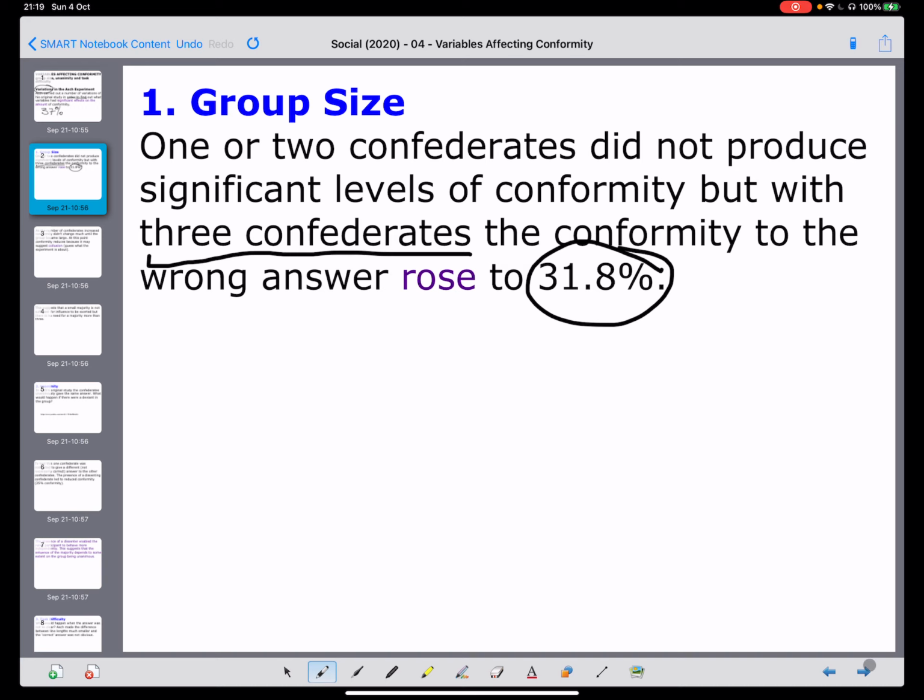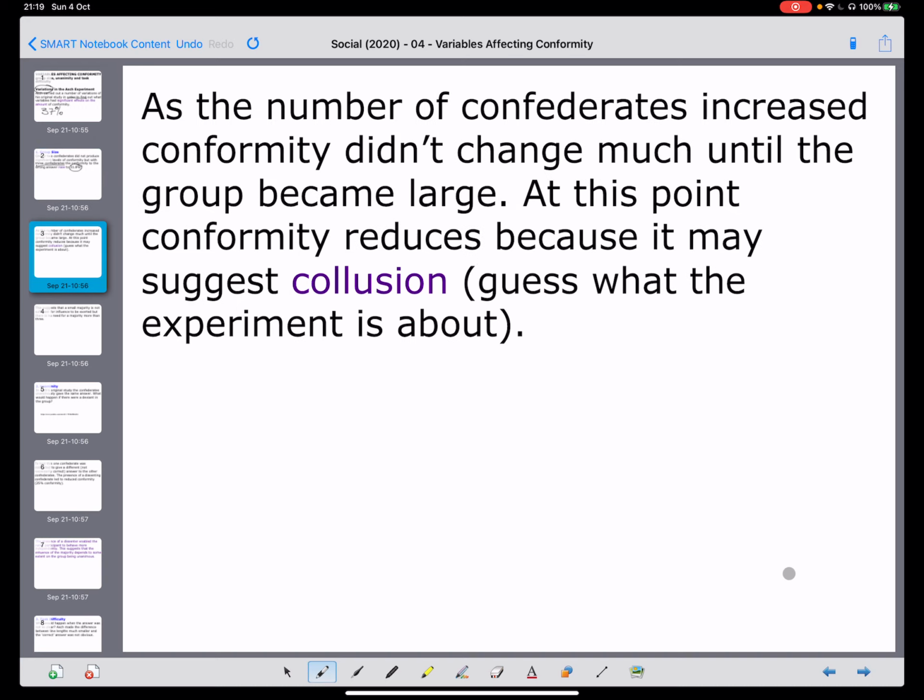However, what happens when that group goes to 5, 6, 7, 8, and so forth? What they found was that the conformity didn't change much. It didn't make much of a difference to have 5 Confederates or 6 Confederates or 7 Confederates.